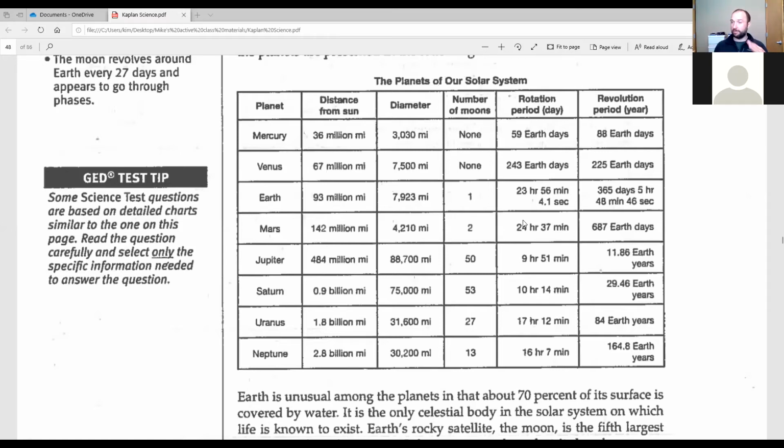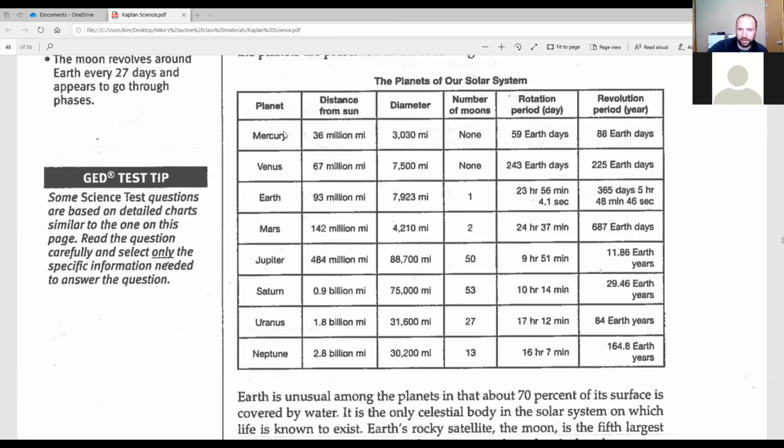We approximate those two things, but over time, we need to account for it. Right? So our day is just shy of 24 hours. And our year, obviously, is just a little bit more than 365 days. Okay? We know those things. Those are obvious.